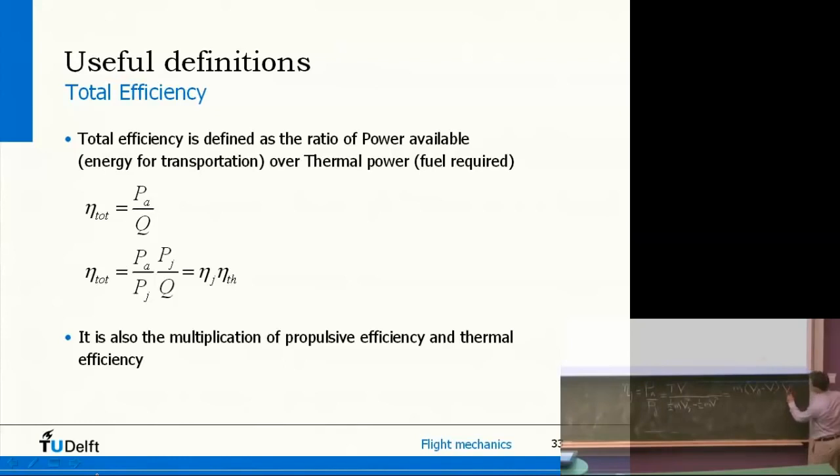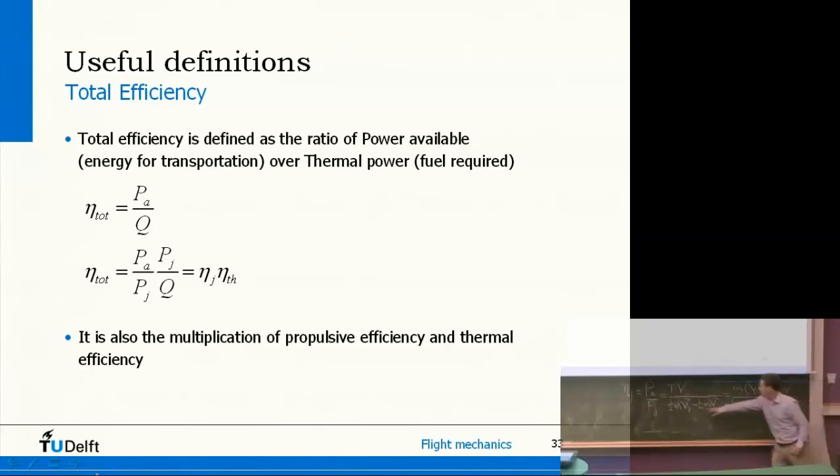So multiplied with V. Now there's a half m here in both sides, so I can say divide by half m. And then I can say Vj squared minus V squared. That's actually the same as saying Vj minus V and Vj plus V. So you can check it if you work it out.